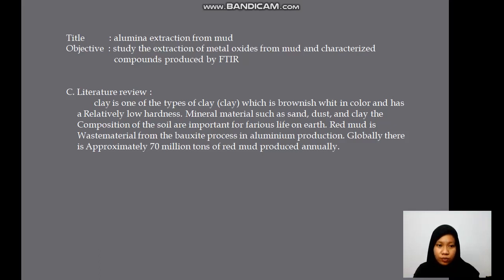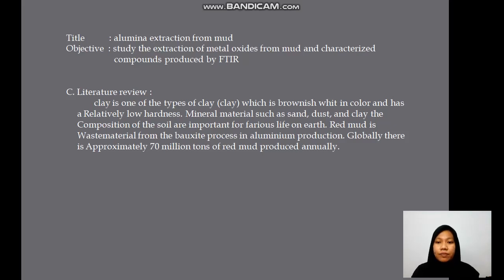Literature review: clay is one of the types of soil which is brownish white in color and has a relatively low hardness. Mineral materials such as sand, dust, and clay, the composition of the soil, are important for various life on Earth.